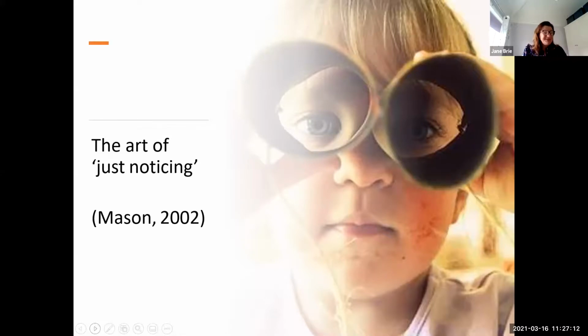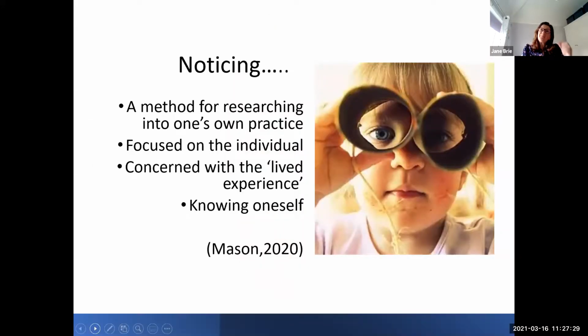But yes, it's easy to say just noticing, but it is much more beyond that, and Mason talks about that in more detail. But yeah, it is just noticing, but it's how we notice, in what detail, how we do it, and what we do about it as well. But he also focuses very much on the adult's practice. So he sees this noticing, this paradigm, as a method for researching one's own practice, focused on the individual undertaking that.